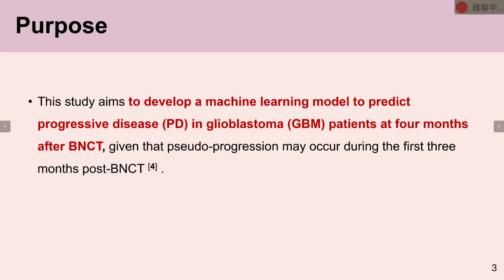If a physician thinks the patient has progressive disease after treatment, by the MRI image he will compare the MRI image before and after BNCT to see the tumor change, to identify whether the patient is progressing. But pseudo progression means that in the first 3 months, the image after BNCT shows the tumor becoming bigger, but actually the tumor is not bigger.